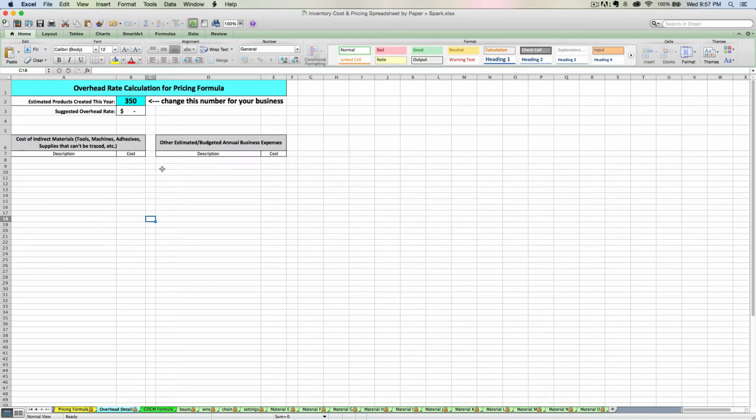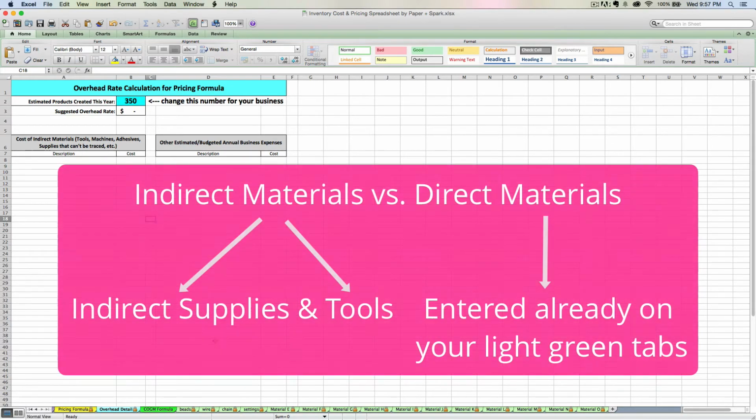If you recall, on our light green tabs over here, we entered our materials, our supplies that went directly into our finished goods. Things like beads, fabric, elastic, wire, chain, paper. It all depends on what you make, obviously. But these tabs were for direct materials.